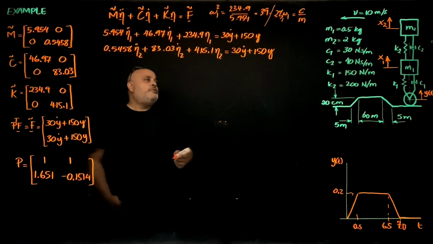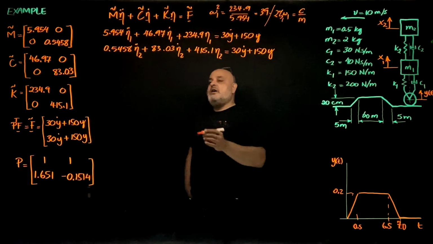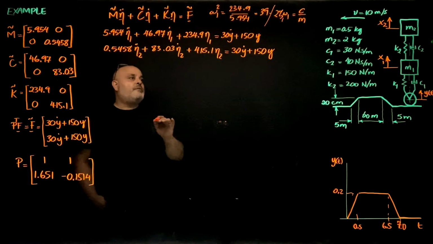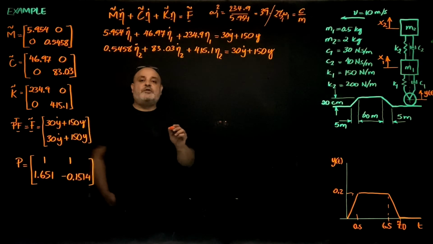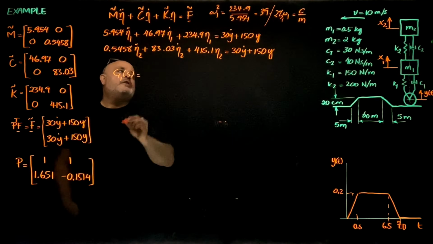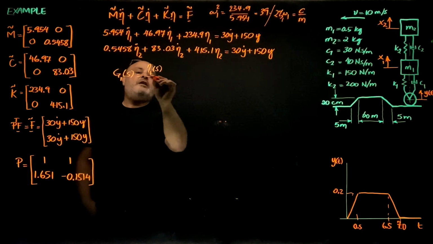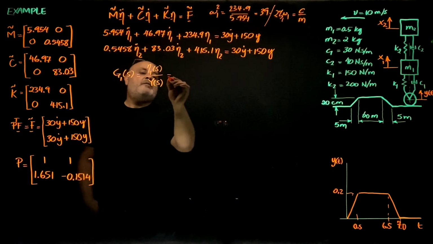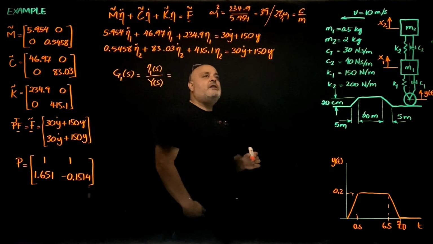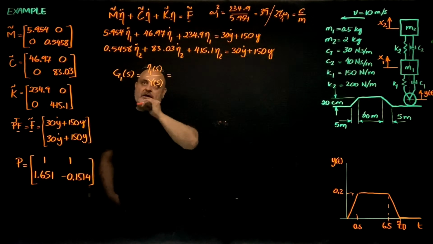Now, to determine the forced response, I will write down the transfer functions, G1 and G2. G1 of S is for the output eta 1 of S and the input Y of S. My input is the road profile. So you take the Laplace transform of this equation.